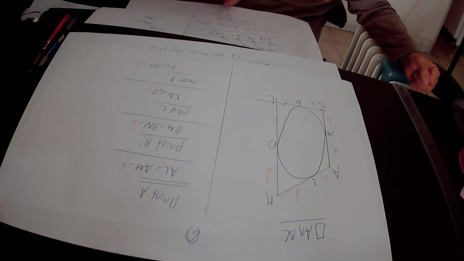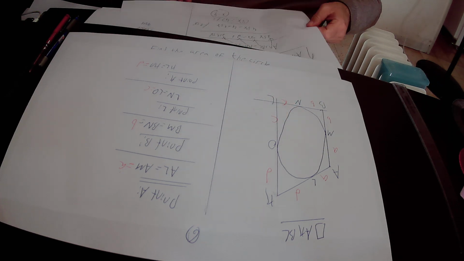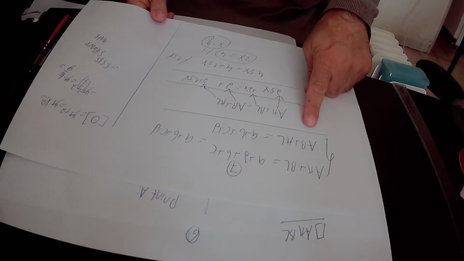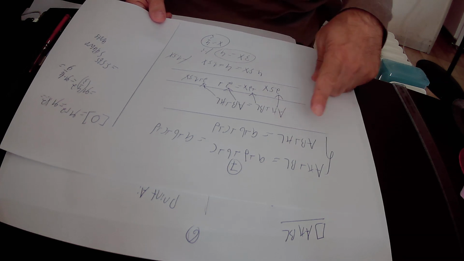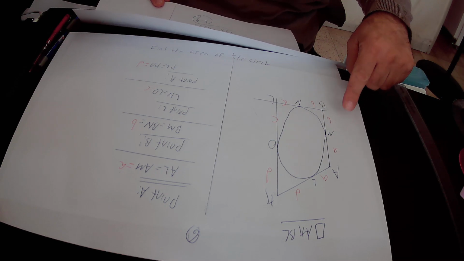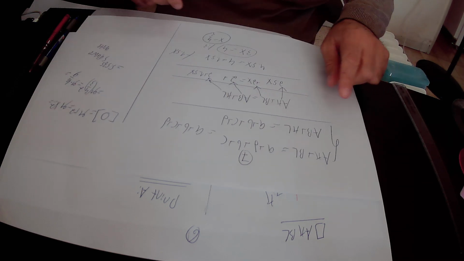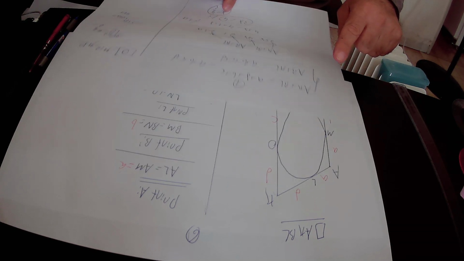Then we added side AB to side KL in quadrilateral AKBL. AB equals A plus B, so we substitute AB by A plus B, plus KL.